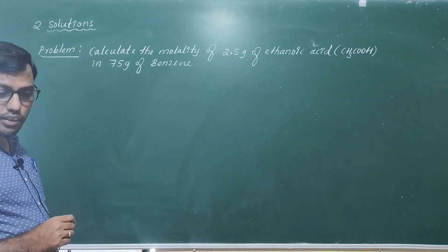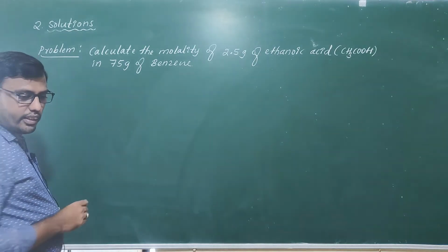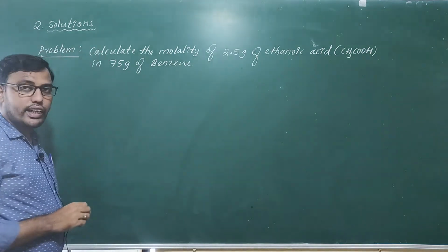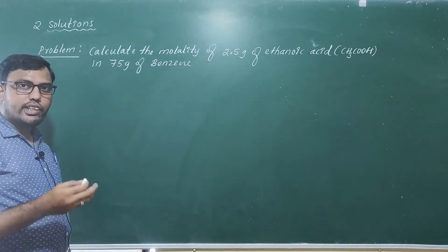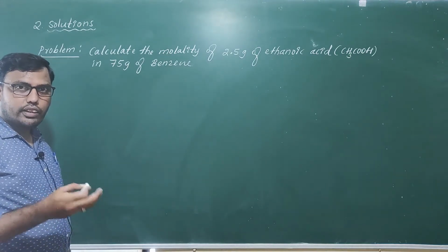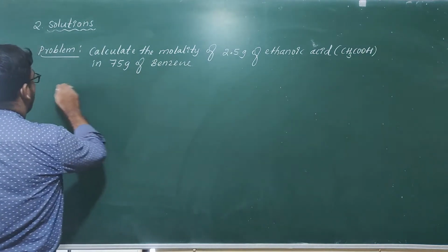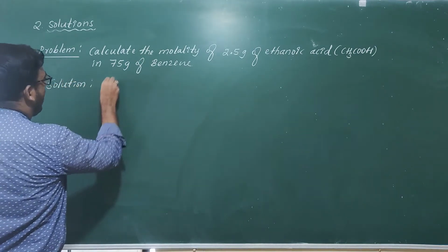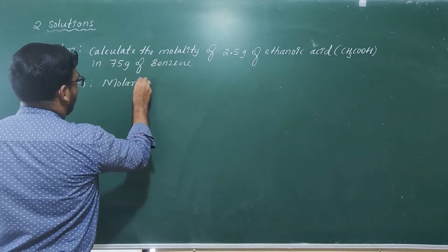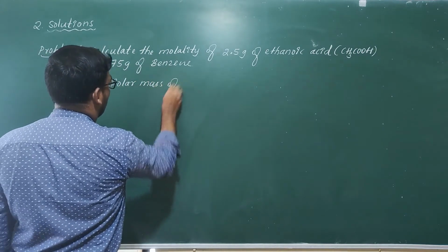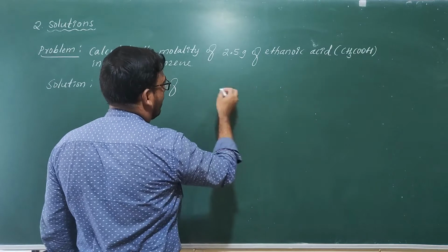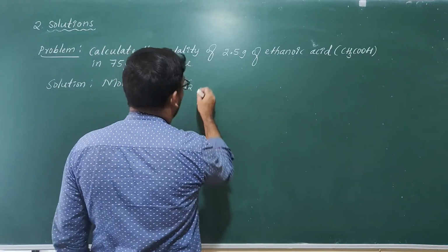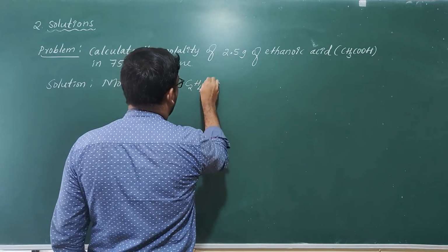So now let us calculate molality. First we need to calculate the molar mass of ethanoic acid, because first we have to calculate the number of moles of ethanoic acid. Solution. Molar mass of ethanoic acid. Let us write the formula like this: C2H4O2.